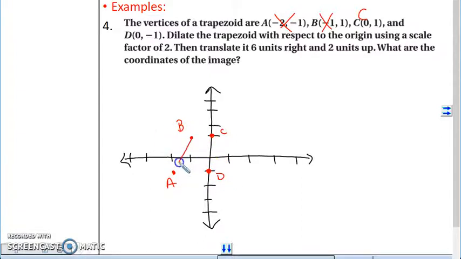All right, we drew our trapezoid. All right, dilate the trapezoid with respect to the origin using the scale factor of 2.